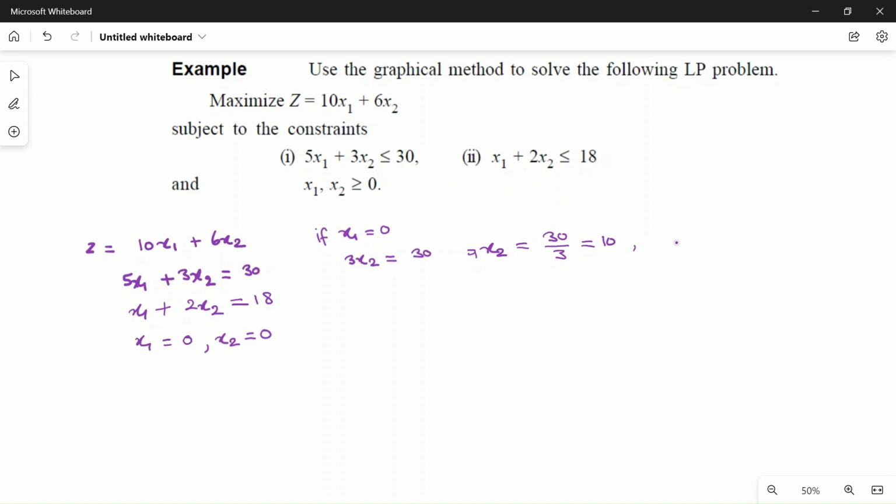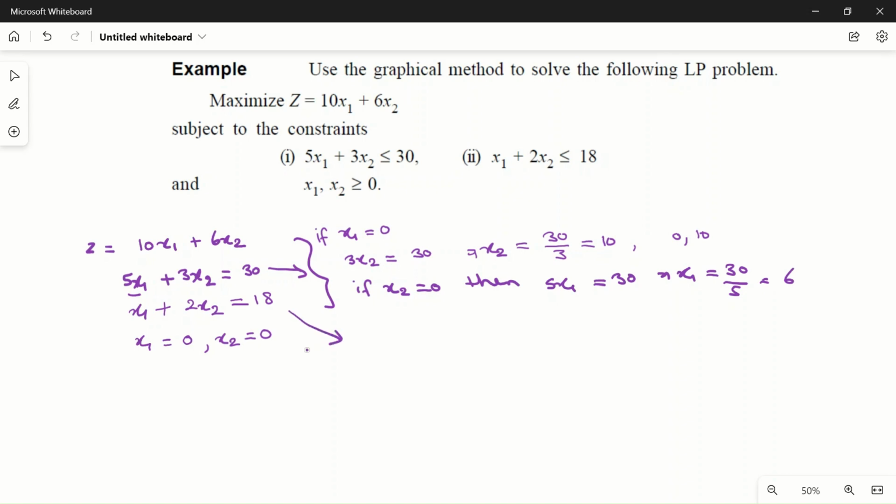So our intersection point will be (0, 10). If x2 is 0, then 5x1 is equal to 30, so x1 is 30 by 5, which is equal to 6.